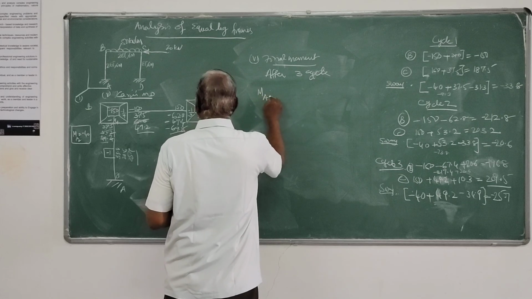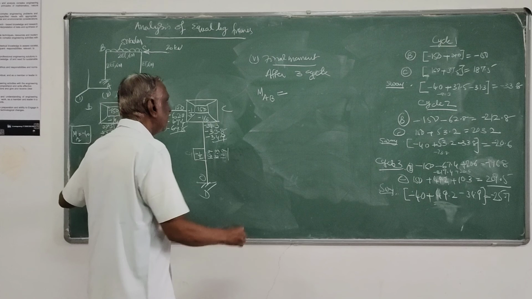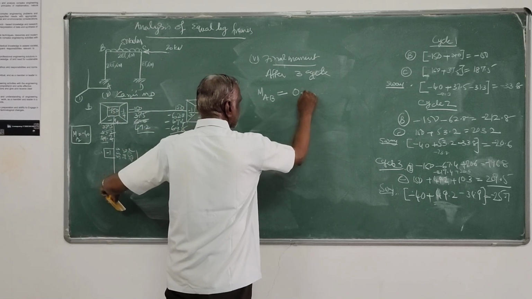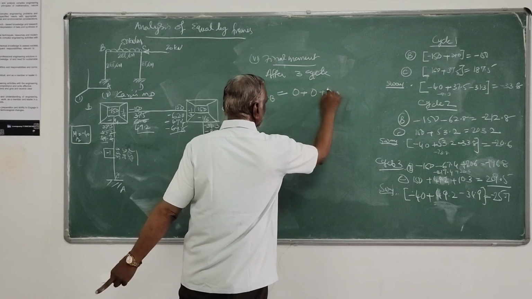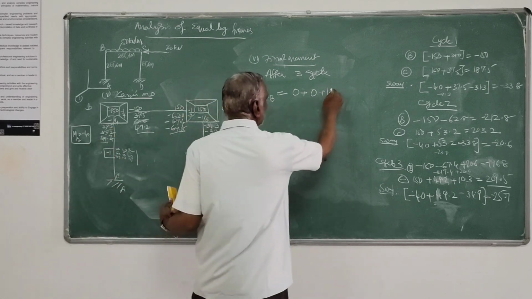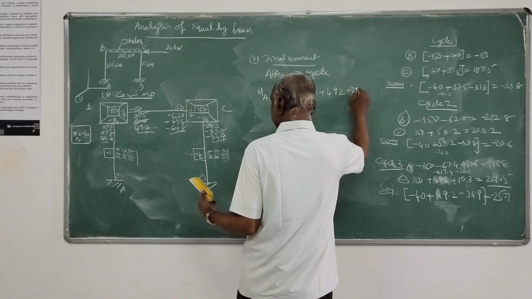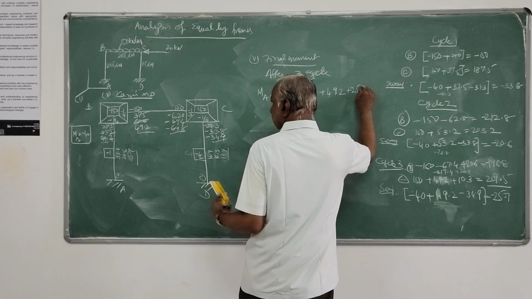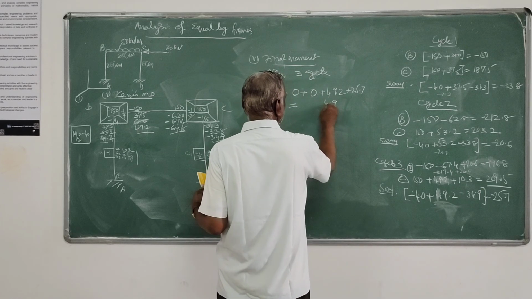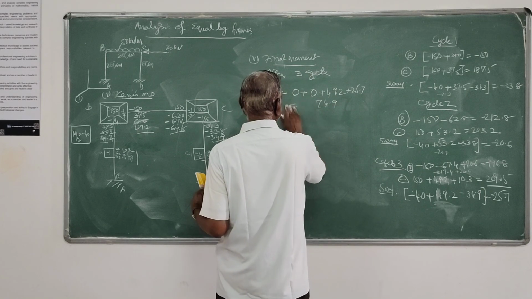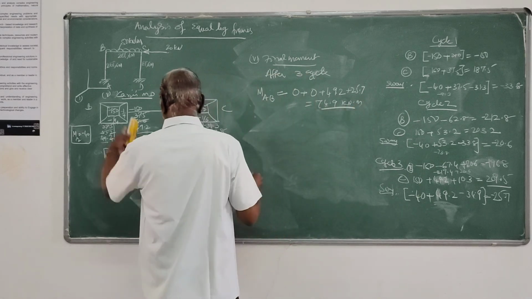I will find out MAB, which is equal to MAB bar 0, plus the rotation contribution, that is 0, plus contribution at the further end 49.2, then sway contribution 25.7. So this will be equal to 74.9 kilonewton meter. This is MAB.